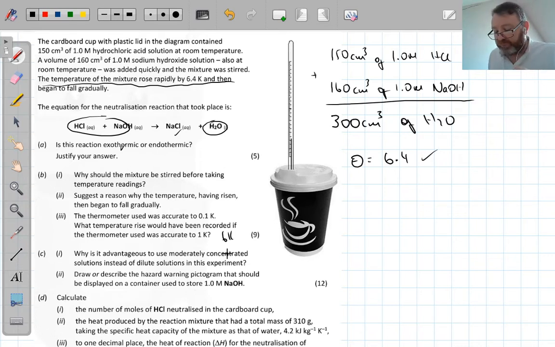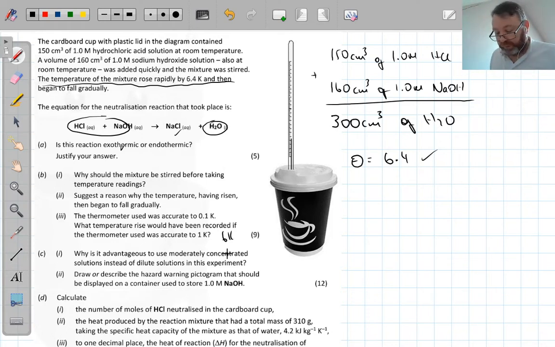If we're using moderately concentrated, that means there's a good amount of acid in there, meaning a good concentration of H+, and again, with the concentrated base, a good concentration of OH-, and that's what you're measuring. You're measuring neutralization, so you want to get as many H+ and OH- ions to come together as you can, hence the reason why they should be moderately concentrated. Concentrated means a lot of chemical in a particular area.